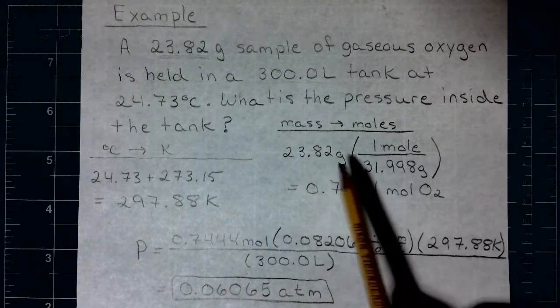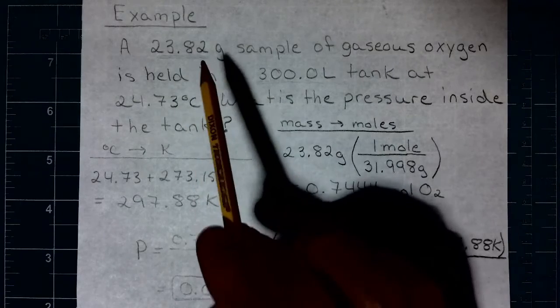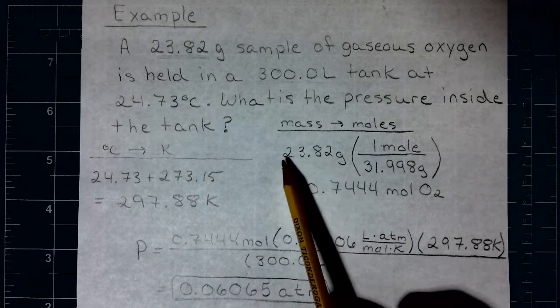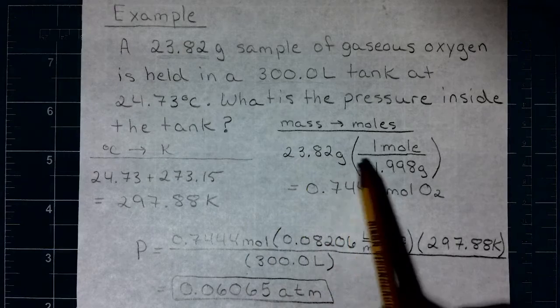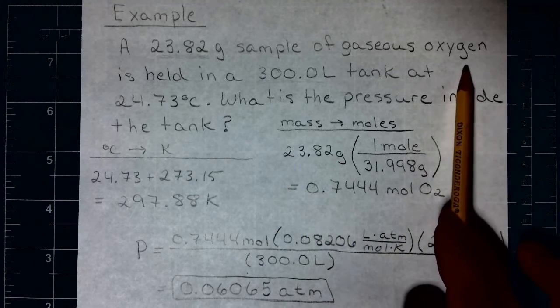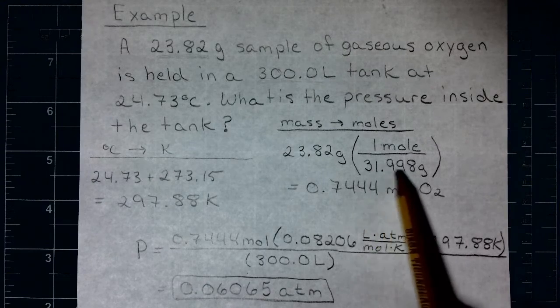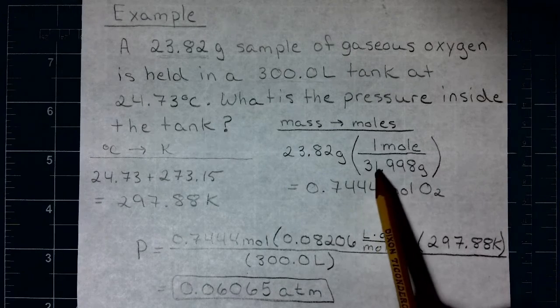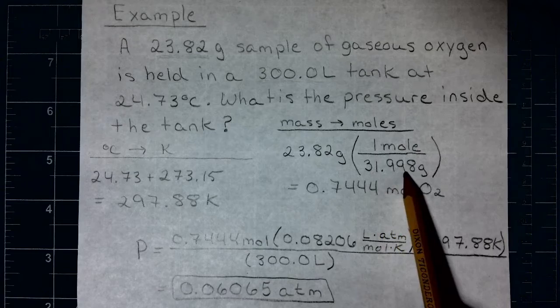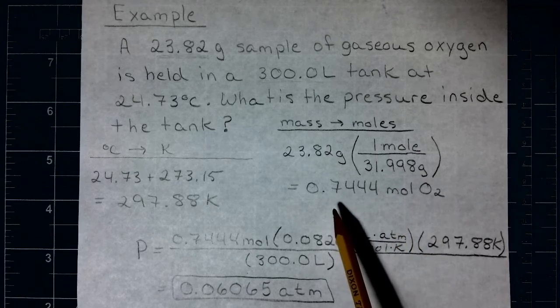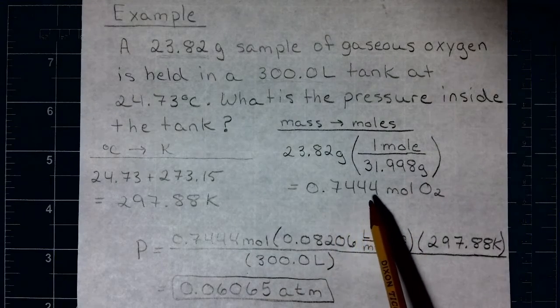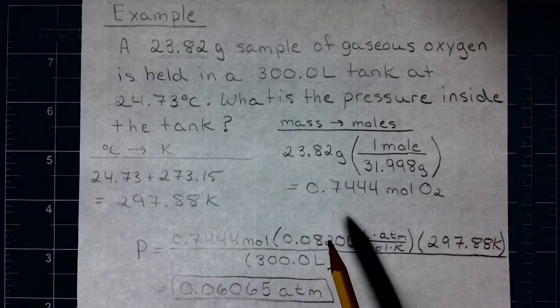So the first thing we're going to do is figure out how many moles of oxygen that is. So we have 23.82 grams. We know that oxygen is diatomic, so we need to double its atomic mass here. So that's 31.998 grams. And this is 0.7444 moles of oxygen.